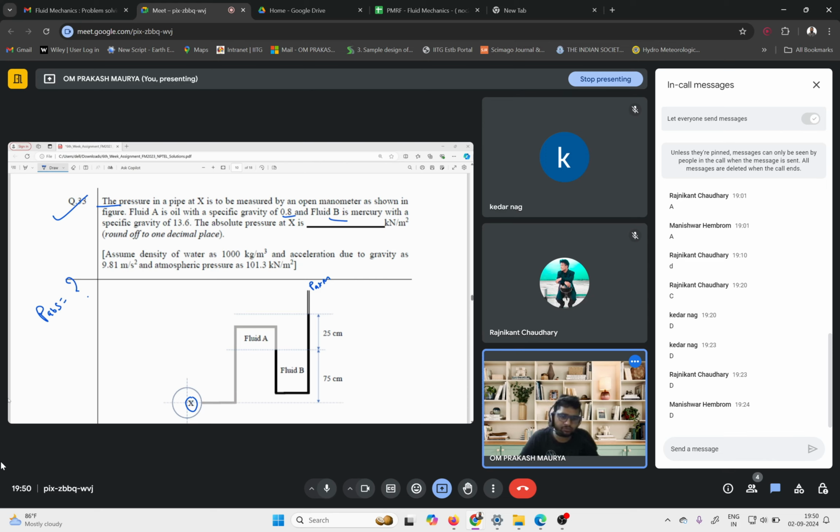Then after I will show you the answer. I have more questions, so we might not complete all questions today; some other day I will discuss. Density of water is 1000 kg per meter cube.